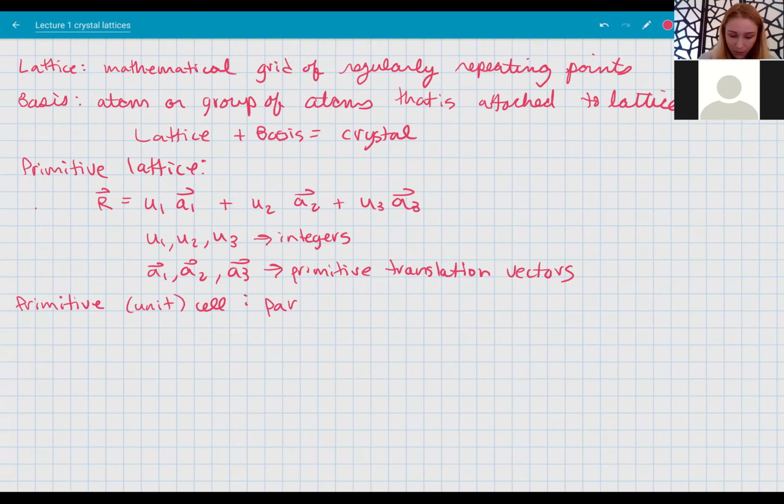It is a parallelepiped defined by the D primitive translation vectors in D-dimensional space.